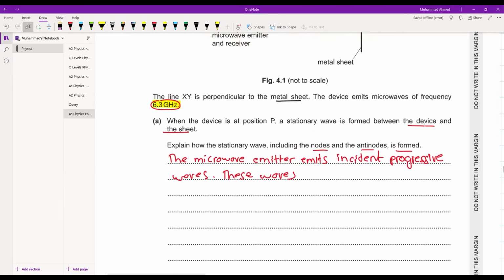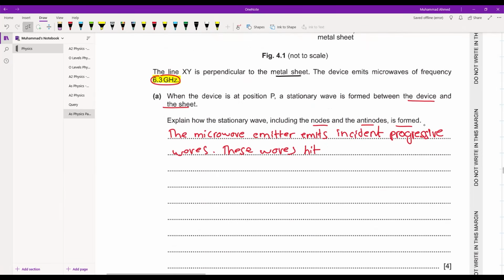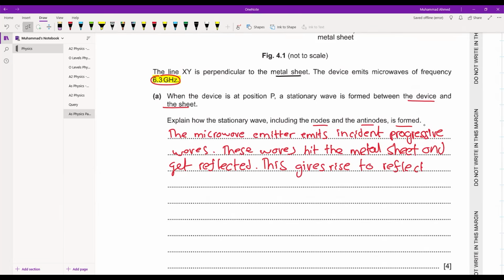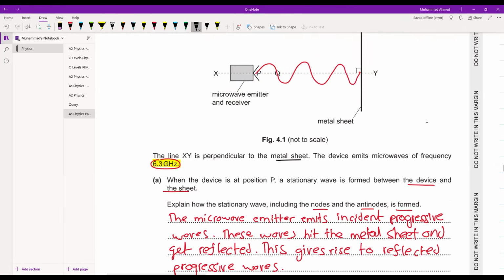These waves hit the metal sheet and get reflected. This gives rise to reflected progressive waves. Reflected progressive waves, when did they come, dear? When they hit the metal plate and get reflected. These are your reflected progressive waves.